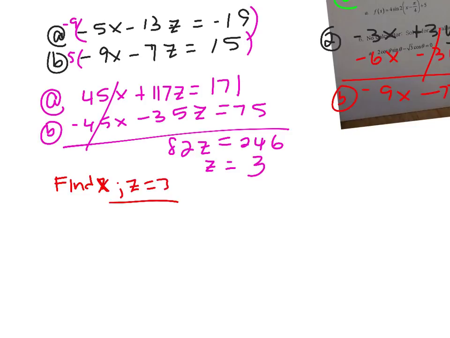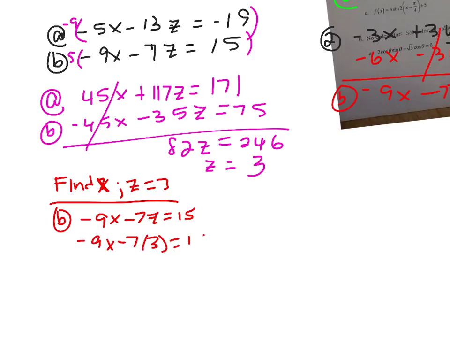This is equation B: negative 9x minus 7z equals 15. So it's negative 9x minus 7 times 3 equals 15. Negative 9x minus 21 equals 15. Add 21 to both sides, and we get negative 9x equals 36. Divide by negative 9, we get negative 4.